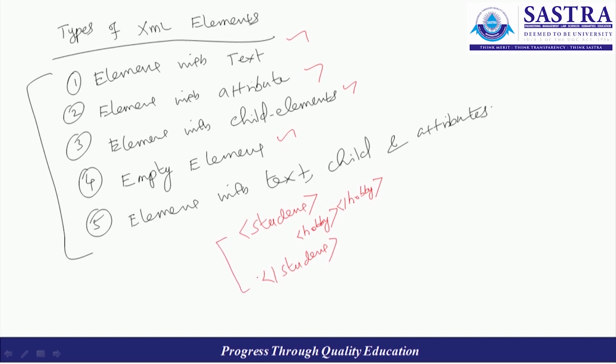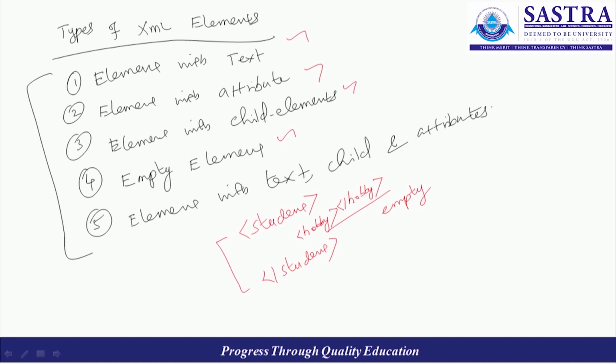This is an element carrying a child element. The child element does not carry any attribute, or any child elements, or any text, so that it is an empty element.